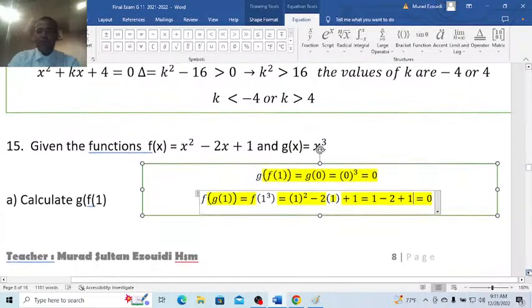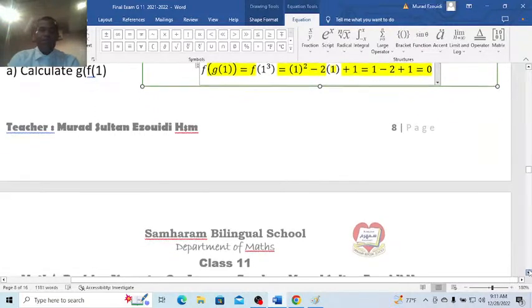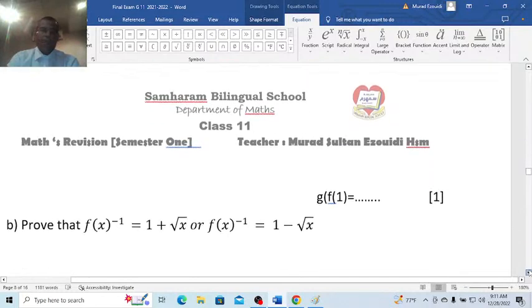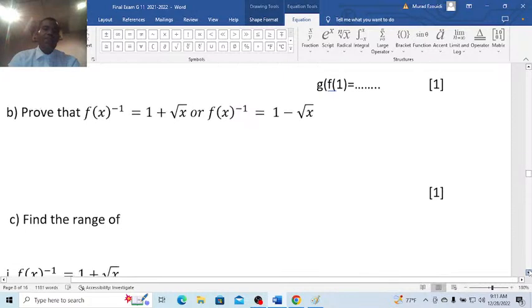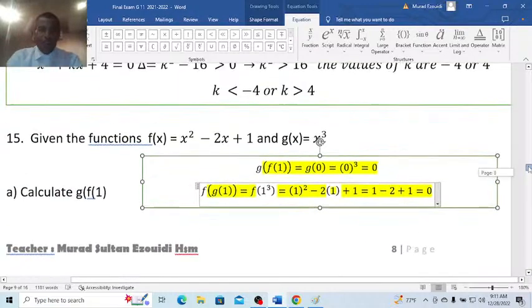Now, learners, I will go to the next part. Prove that f inverse of x is 1 plus root of x, and or f inverse of x is 1 minus root of x. Therefore I will go back, learners, to my equation. f of x is what?